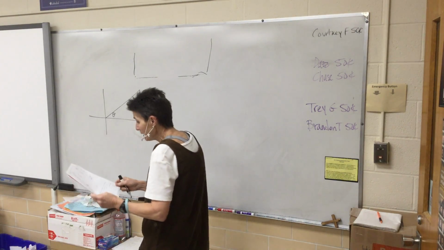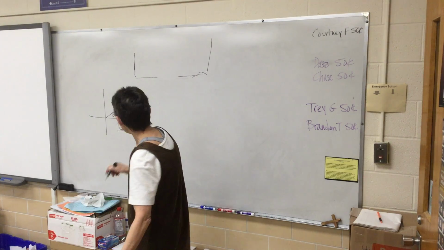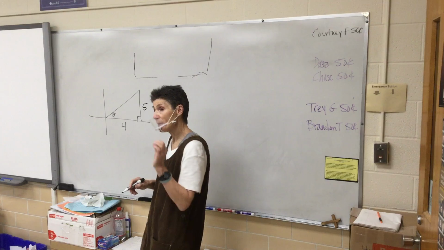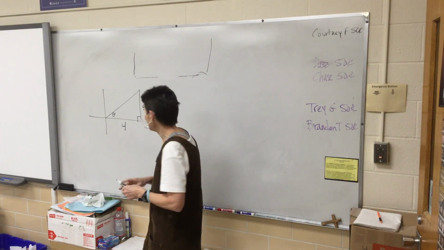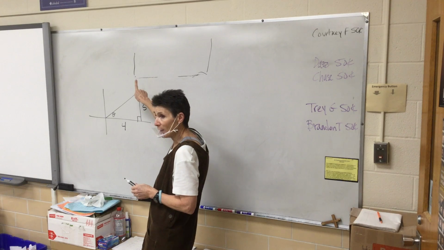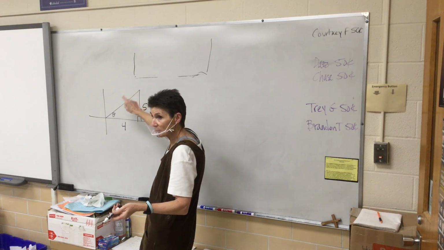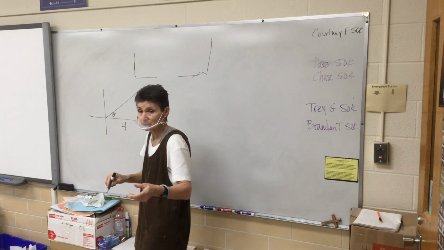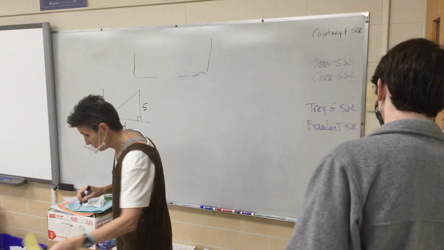And I have a point where x is 4 and y is 5. Remember, when you plot a point, this is x and this is y. So it says 4, 5. So what's missing then?